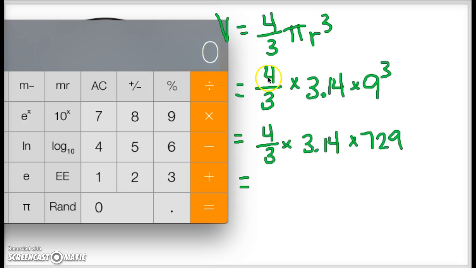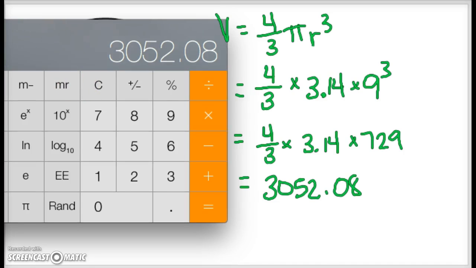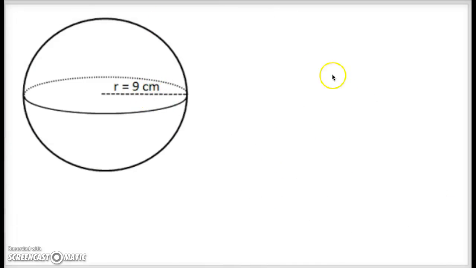I'm going to take 4 times all of this and then divide it by 3. So 4 times 3.14 times 729 equals that, and then we're going to divide that by 3. So your volume of that circle is 3052.08. And then your labeling, since this was in centimeters, your labeling would be centimeters cubed.